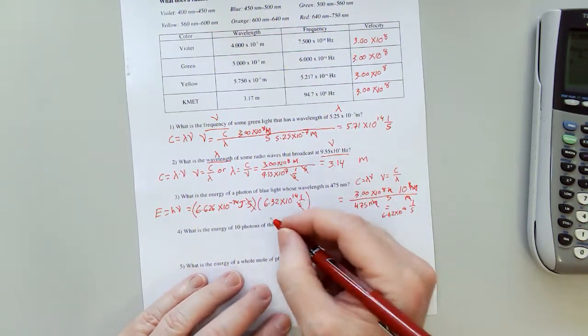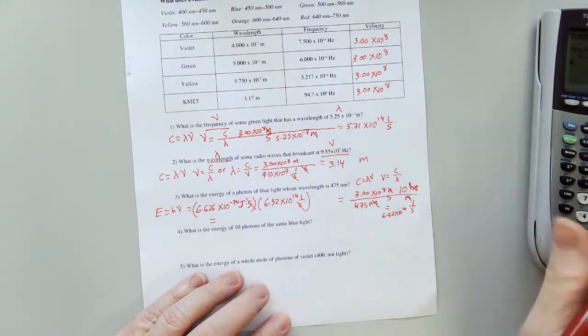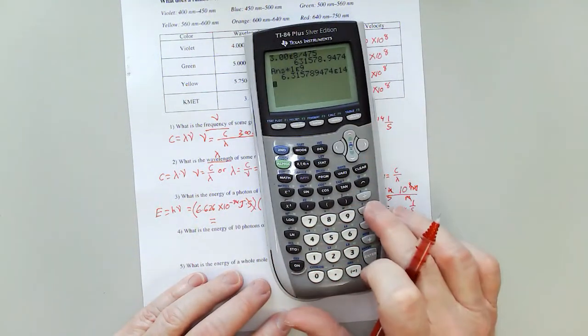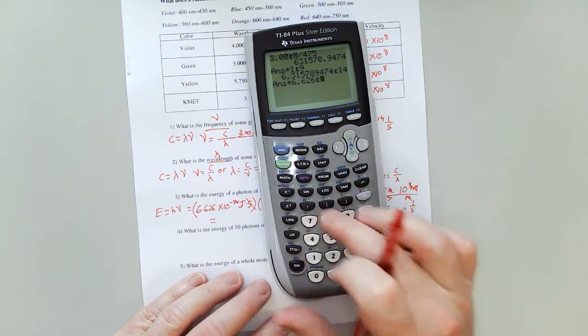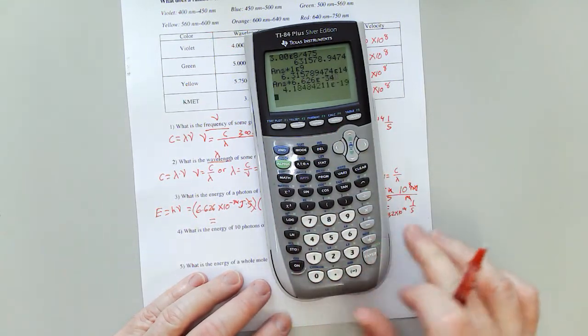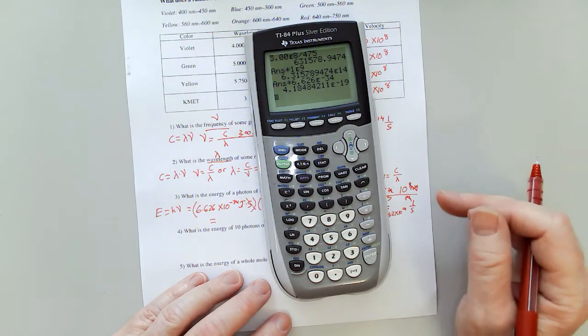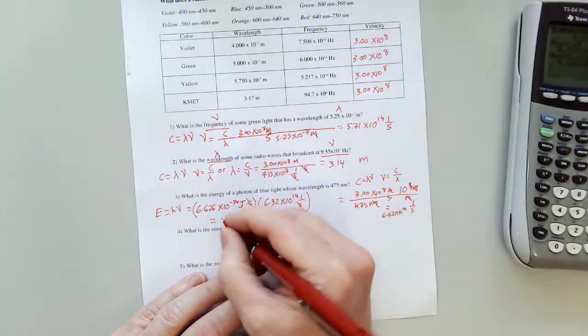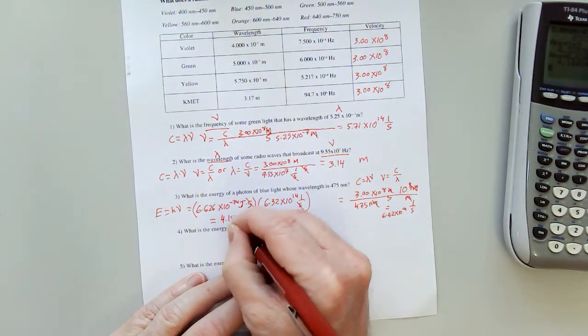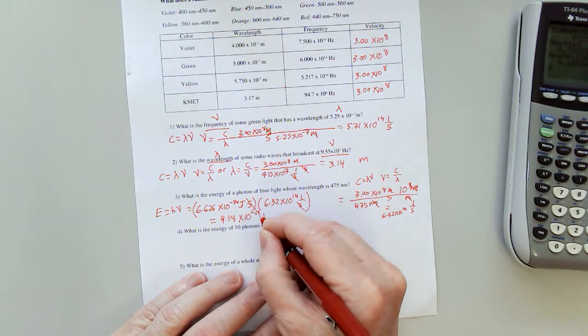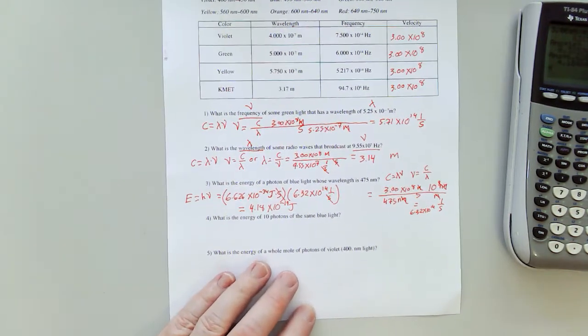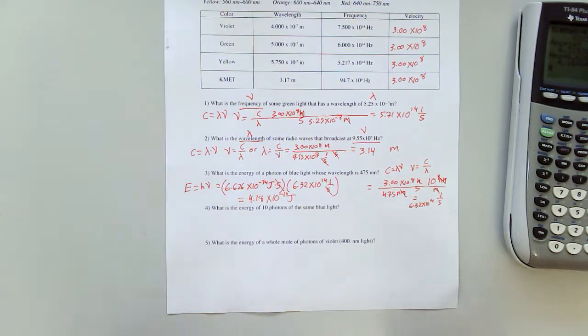Seconds is going to cancel, and this will equal, so that multiplied by 6.626 EE negative 34, and I'm getting 4.18 times 10 to the minus 19th joules.